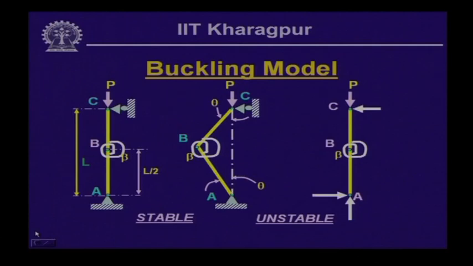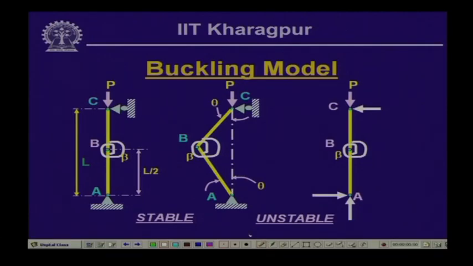Now, let us discuss this stability aspect of a column through a model which we call a buckling model. In this buckling model, we consider two rigid bars AB and BC, connected by a pin at point B, and at point B we add a rotational spring having a stiffness beta.